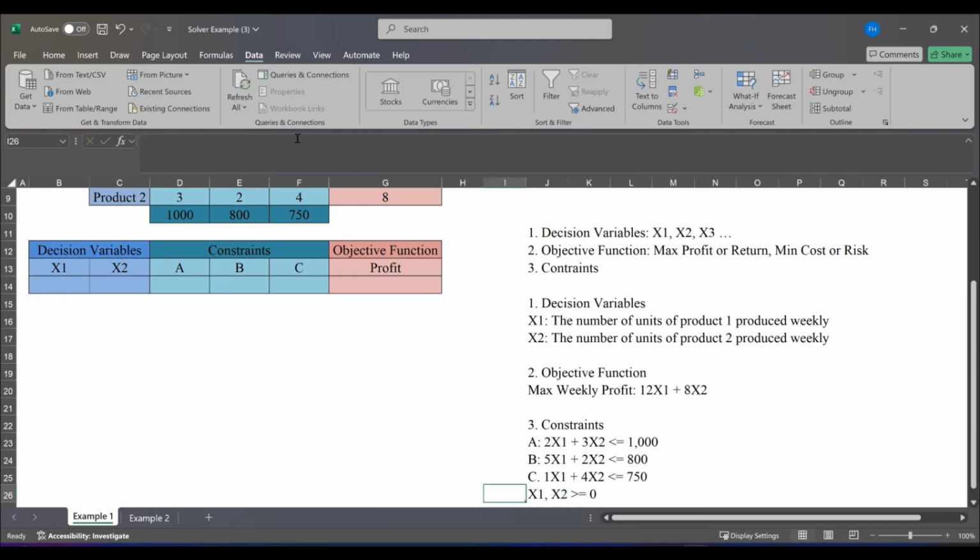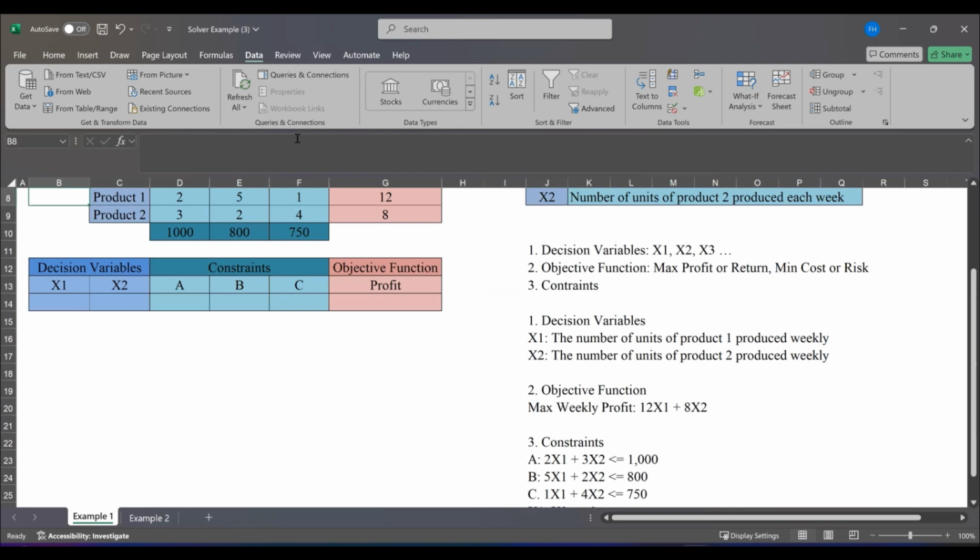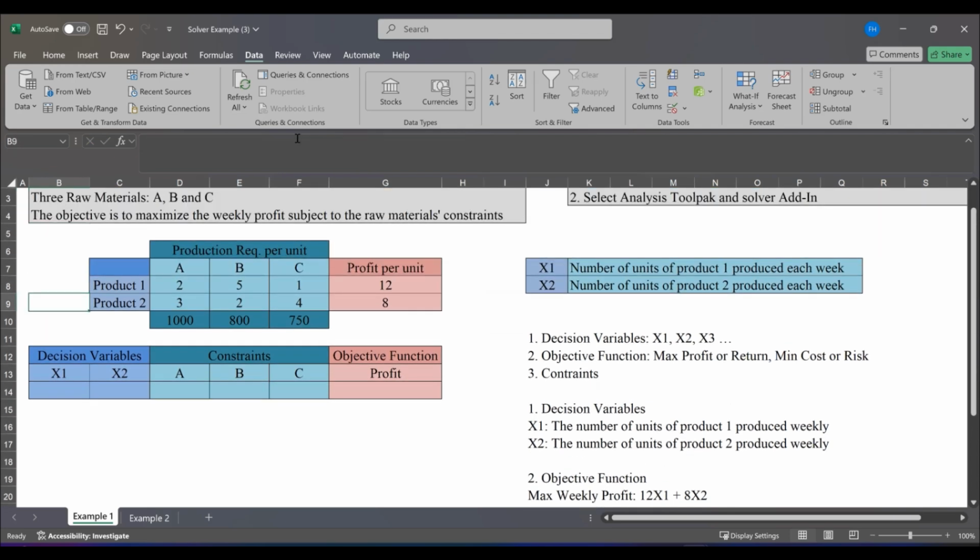So now, after writing the decision variables, the objective function, and constraints, I'm going to fill out that second table before I use Solver. First of all, for the decision variables, I'm going to leave those cells empty, and I'm going to write down the information that I have for the constraints and for the objective function. In those cells, I'm only going to use formulas.